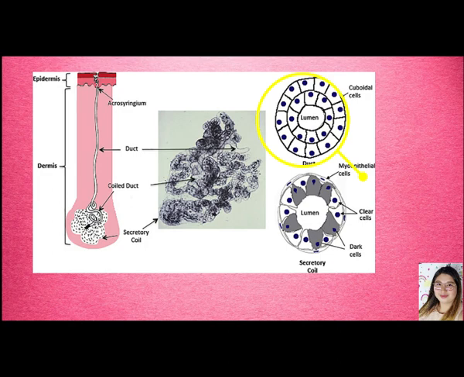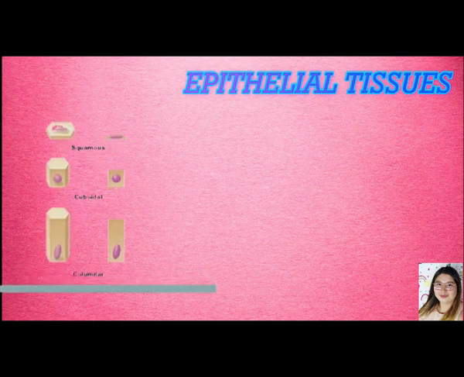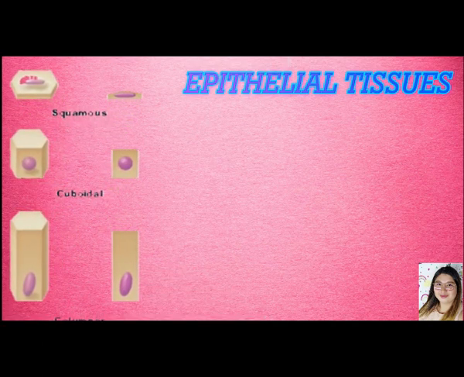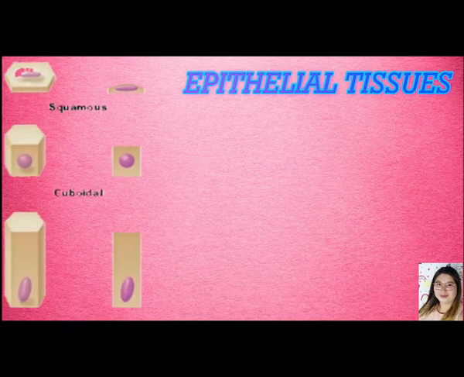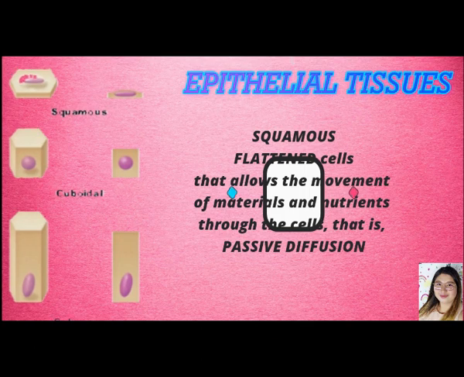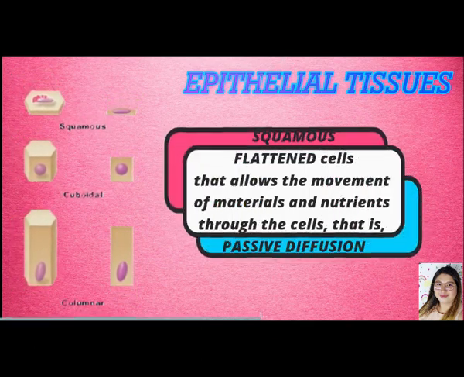So we have 1, 2, 3 types of epithelial tissue. The first one is the squamous, the second one is cuboidal, and the third one is columnar. So when we say squamous, I'll show you a picture. This one, so it's flattened, that allows the movement of materials and nutrients through the cells. That is passive diffusion.